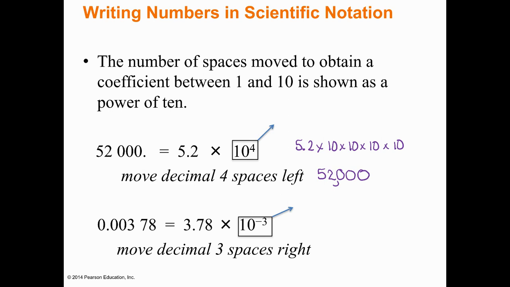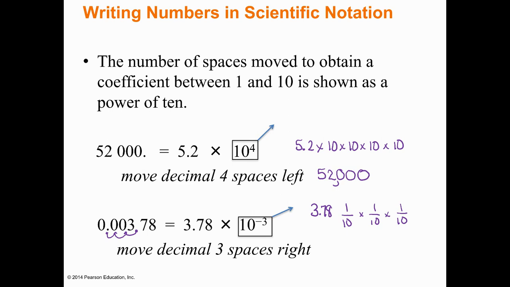Okay, if I have 3.78 times 10 to the negative 3, that is the same as dividing by 10 three times. So here's our number, and we move the decimal this way 3 times.